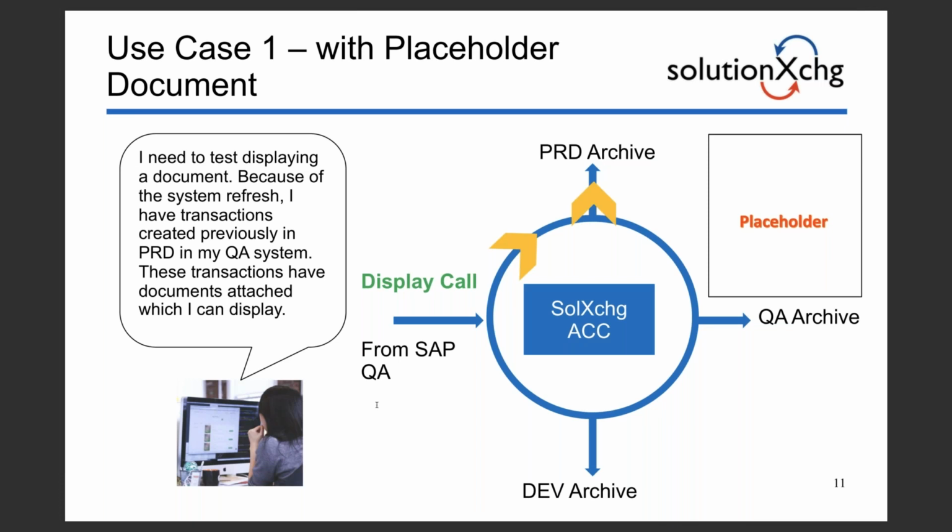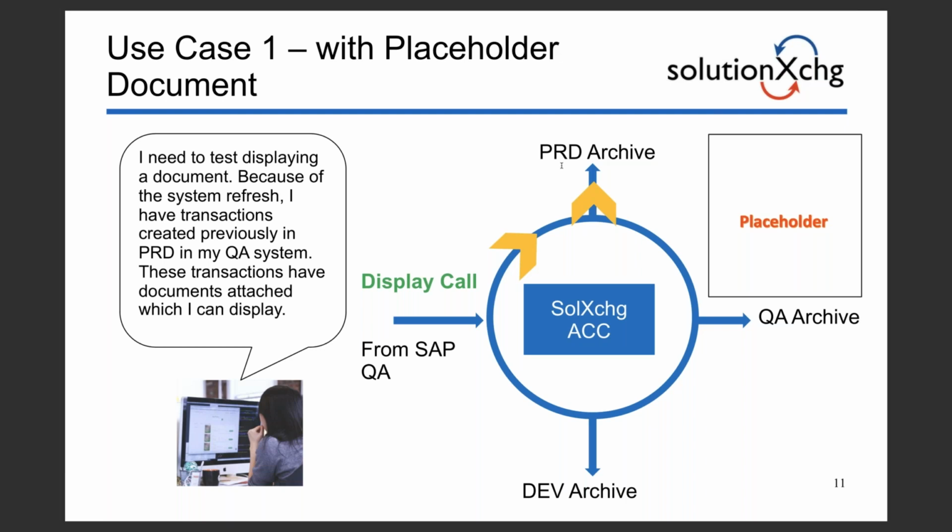Another interesting feature we've built into the ACC based on user request is the placeholder feature. In some cases, we want, of course, to avoid that nasty 404 error, but displaying a production document might not be appropriate. So in these cases, the display call that comes from the QA system is successfully matched with a document in the production archive.